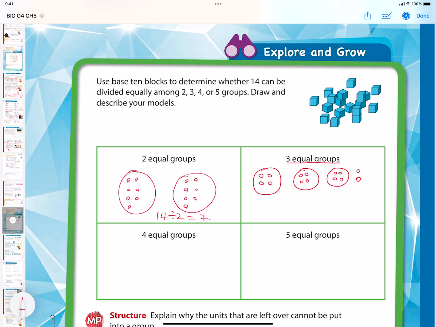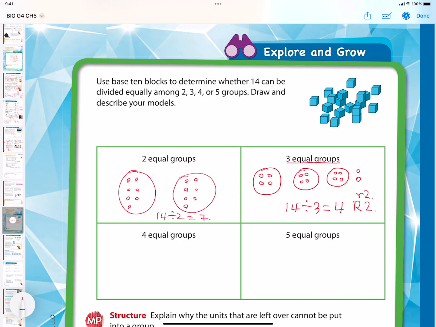And that's gonna be, let's say 14 divided by 3 is gonna be what? 4 in each, 1, 2, 3, 4, right? In each group, and then remainder of 2. Okay, that's how you write remainder or R2. Either way is fine.